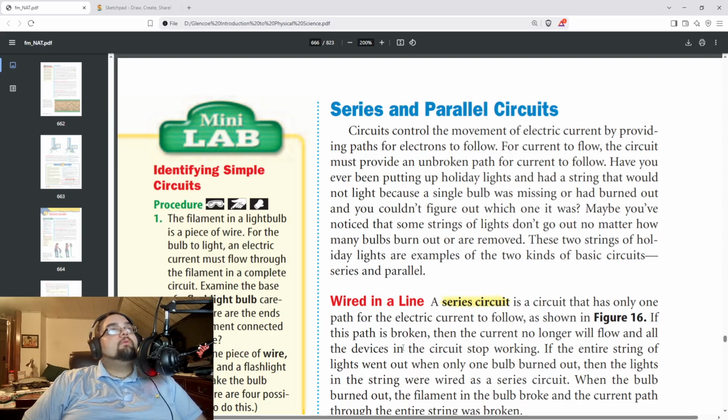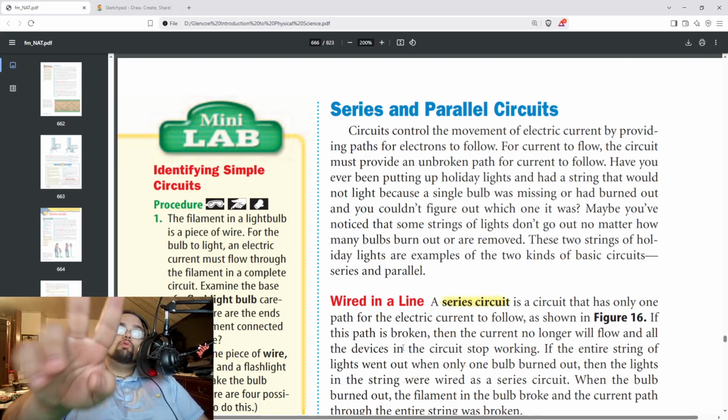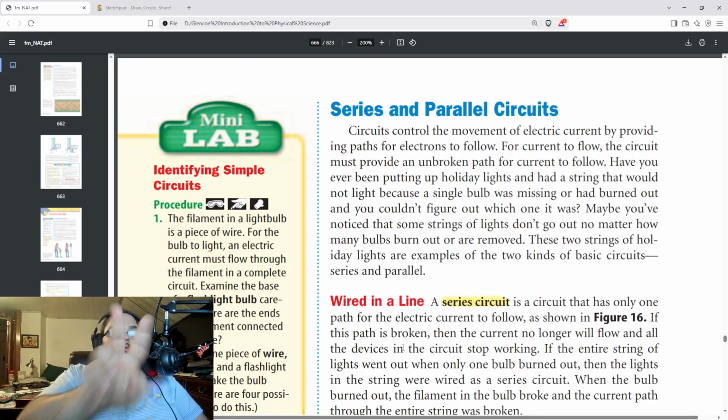Have you ever been putting up holiday lights and a string would not light because a single bulb was missing or had burnt out? You can't figure out which one it was? Maybe you've noticed that some of the lights don't go out no matter how many bulbs burn out or are removed. These are two different types of circuits.